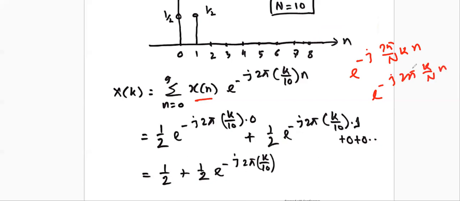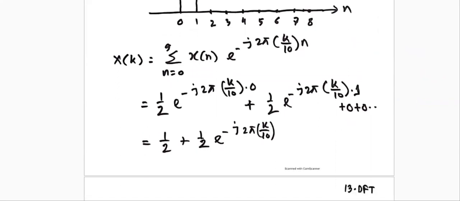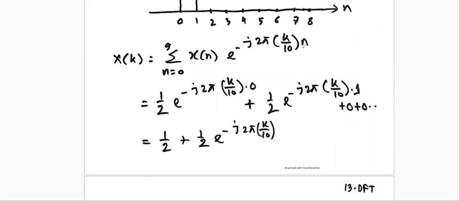Okay, because this part remains constant and this is a variable, k is the variable. Fine. So now putting in different values of n, we know that n is from 0 to 9. We can get these values.